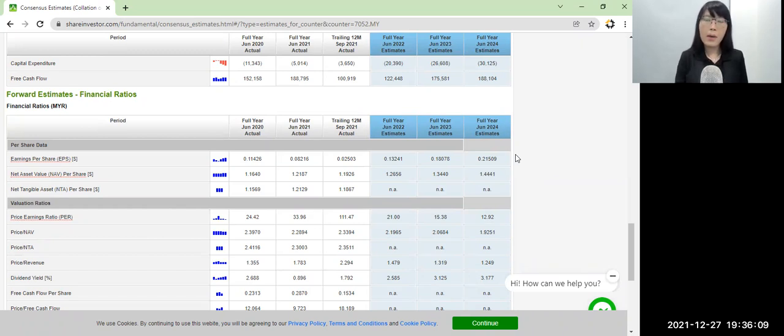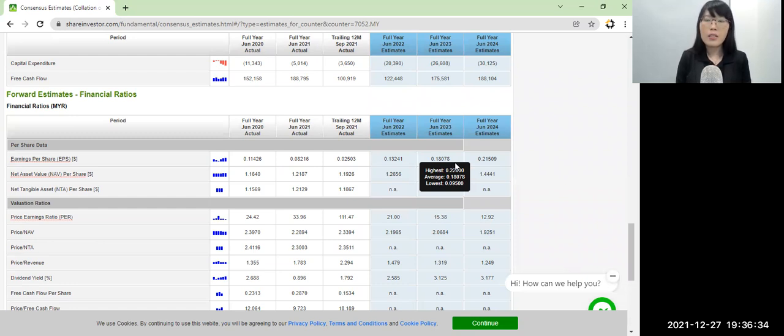So earning per share by June 2022 is estimated to get 13.24, and in the year 2023 is estimated to get 18.07.